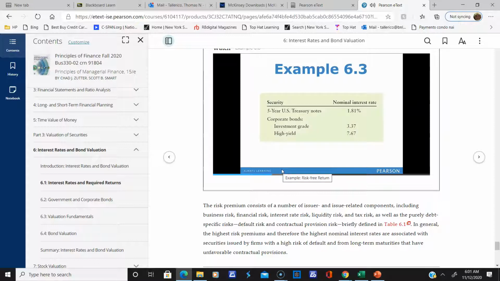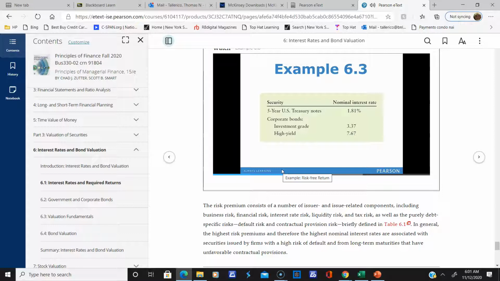In May of 2017, 5-year U.S. Treasury notes were paying a return of about 1.81%. Corporate bonds, because they are not backed by the full faith and credit of the United States government, are riskier than Treasury bonds, so they must offer higher returns. Some corporate bonds are riskier than others, and a simple way to gauge the risk of a corporate bond is to look at the bond rating.